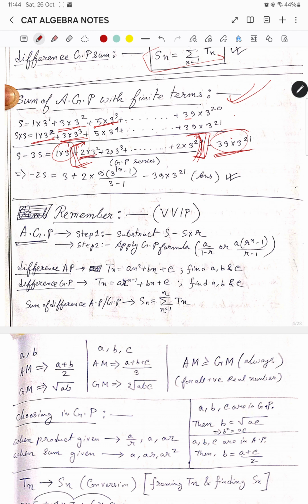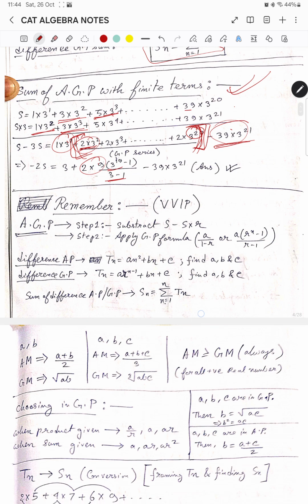A into 2 into r power n minus 1, where r was 3 power n, n was 20, minus 1 by r minus 1, 3 minus 1. 2 into 3 square into a into r power n minus 1. So this was that.